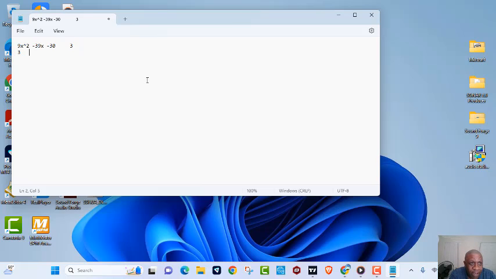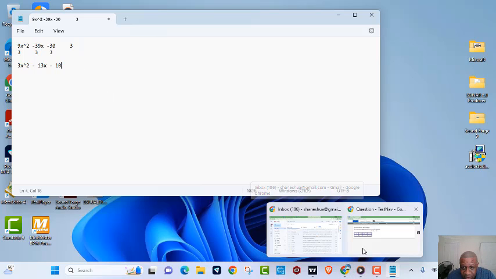If we divide each one of these numbers by 3, what we should get is 3x squared minus 13x minus 10. So we already have the 3 factored out. Now we have this 3x squared minus 13x minus 10. Hey, sometimes you got to improvise.